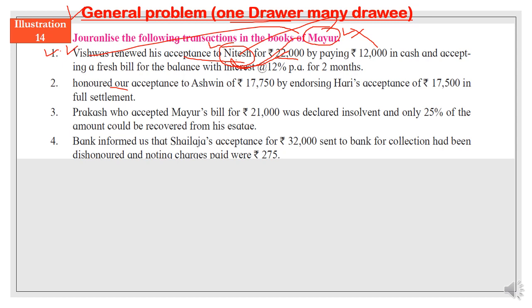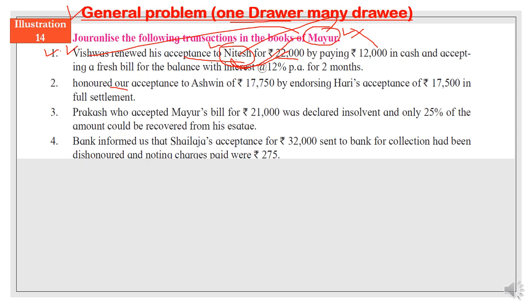Mayur has honored, has paid the acceptance bill of Ashwin by endorsing Hari's acceptance of 17,500. Hari is a drawee of Mayur. So Mayur has given his drawee's bill to Ashwin for making his own payment. We will see how the journal entry will be written.